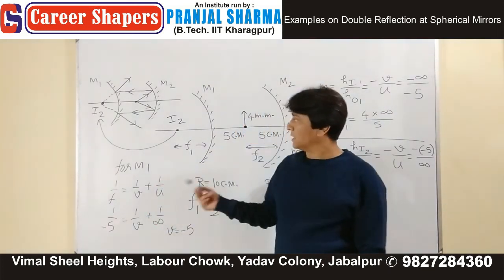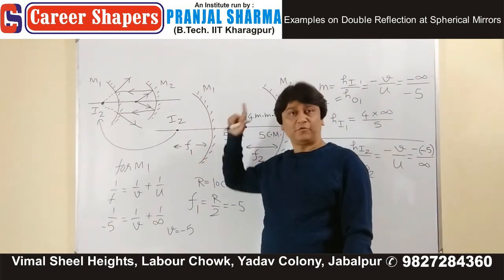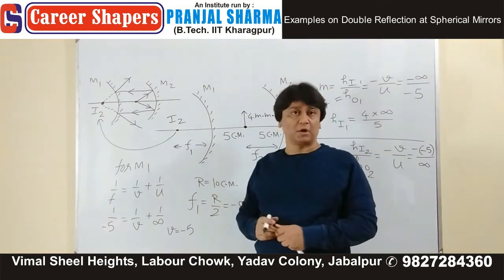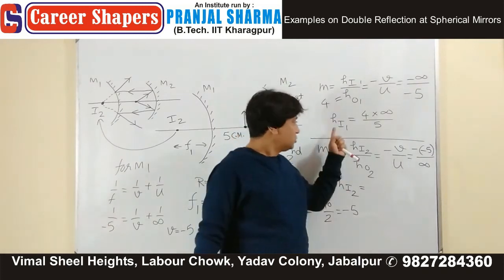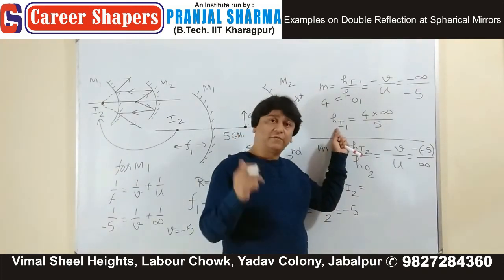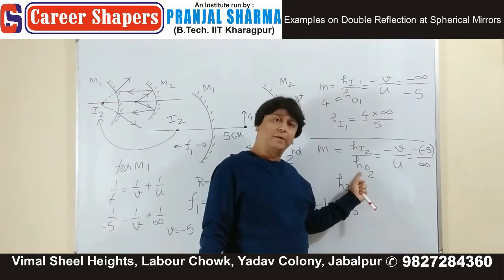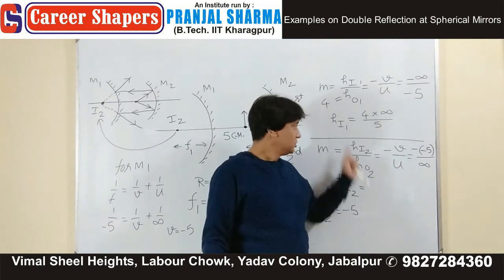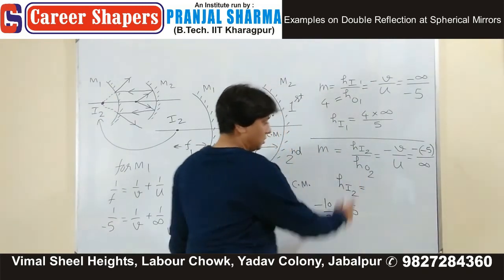Whatever is the image after first reflection, you know that it's going to act as what? An object for the second reflection. So this is the image after first reflection. It becomes what? Object for the second reflection. So I'll be using Hi1 in place of Ho2.